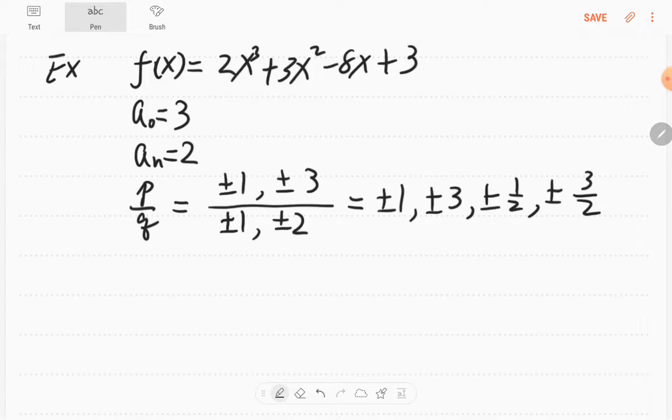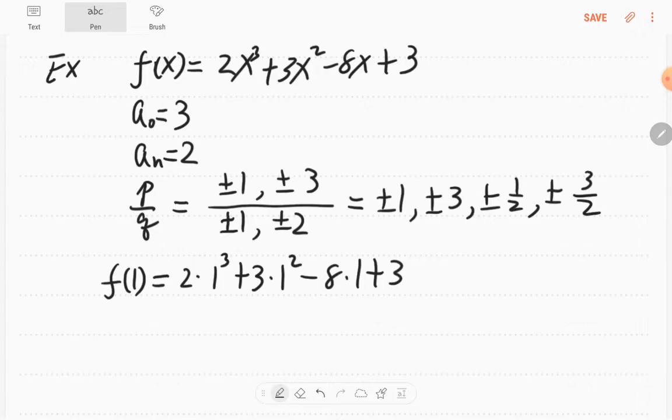So we just try some. For example, we try 1. F of 1 is equal to 2 times 1 cubed plus 3 times 1 squared minus 8 times 1 plus 3. So this is actually equal to 0. So that is great, right?